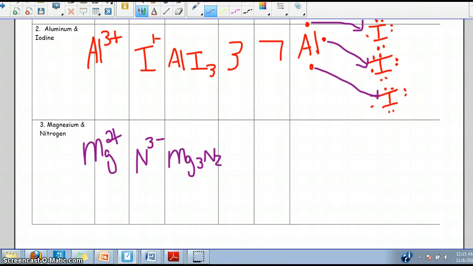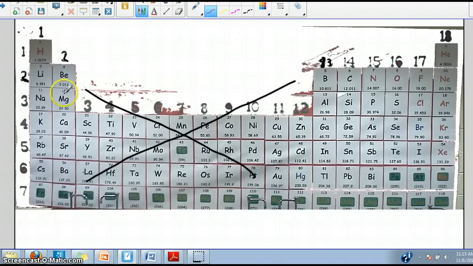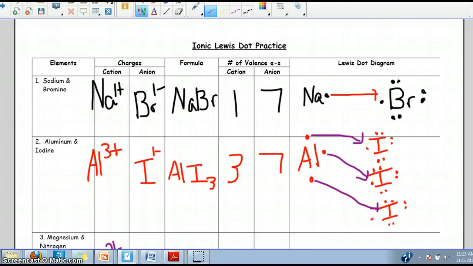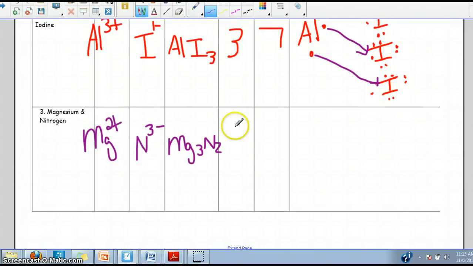All right, valence electrons. Magnesium right here, he has 2. And nitrogen has 5. Okay, so we have 2 and 5. All right, we're going to draw 3 magnesiums. 1, 2 valence electrons on each of them.